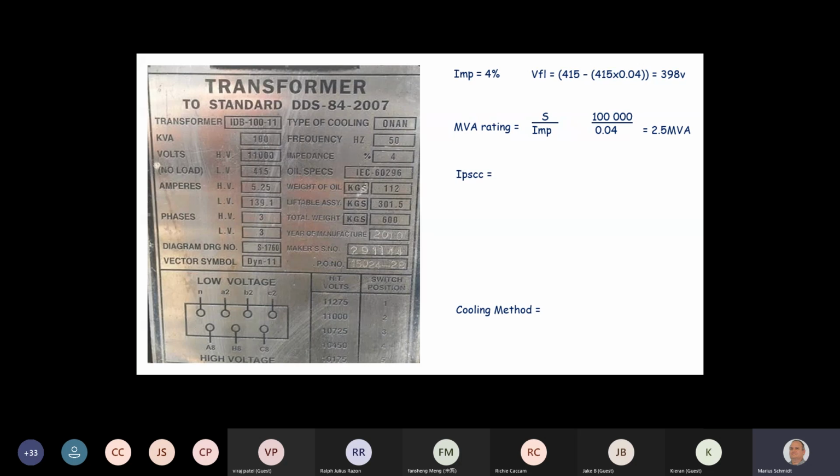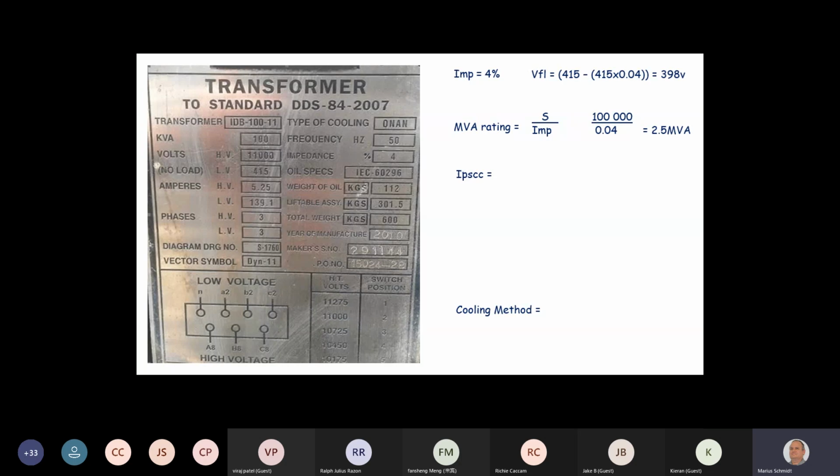And that ENG will then say 10 to the power of 6. That's MVA. Press ENG again, that's kilo. Right, you see there's your answer.